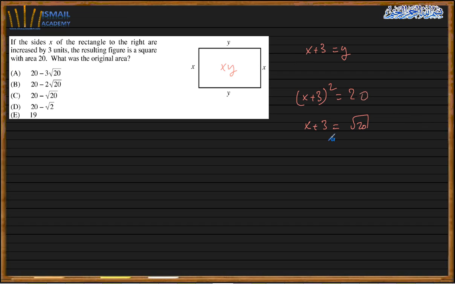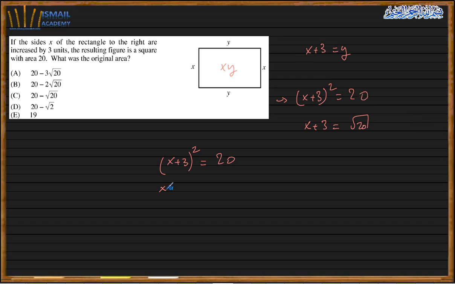So in that case, what do I do? I work with this one. I have x plus 3 squared equal 20.